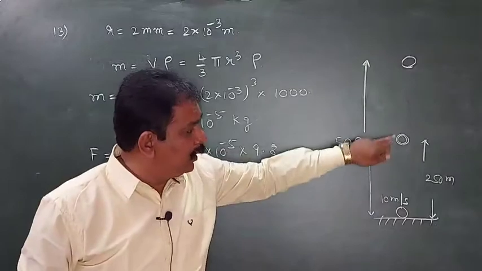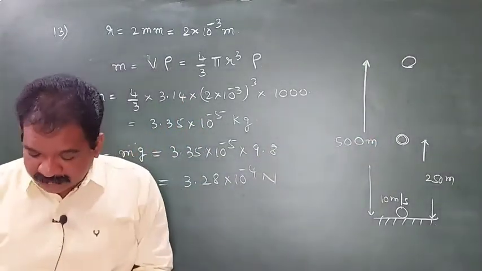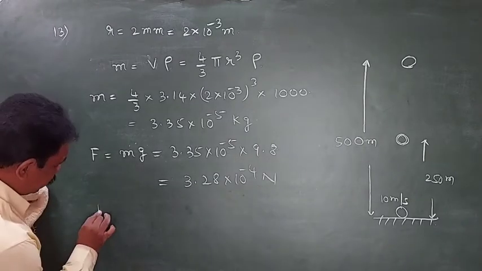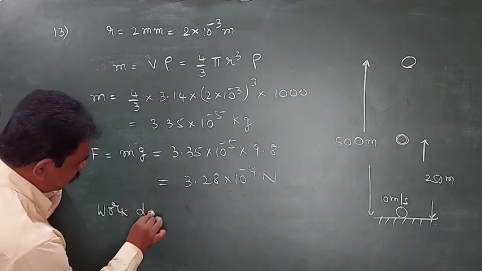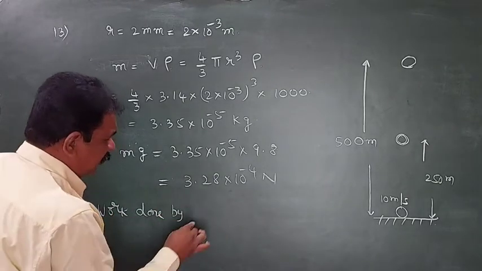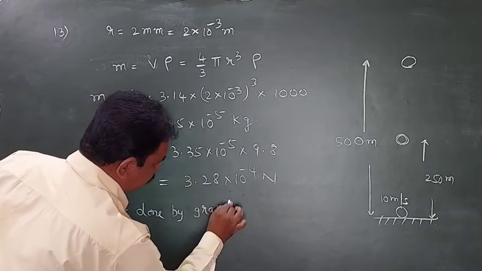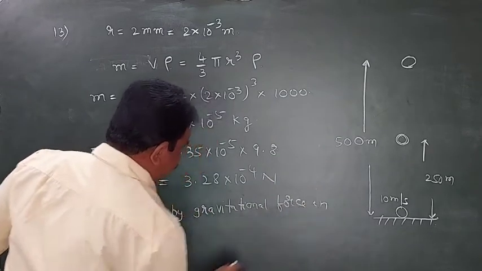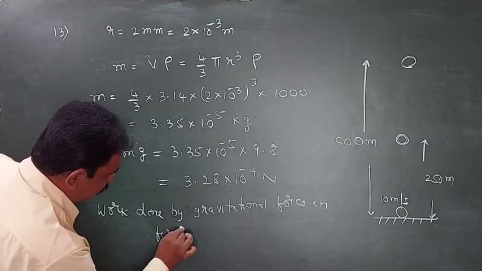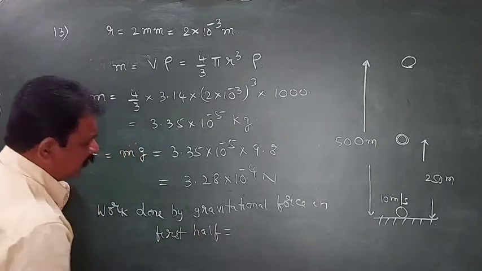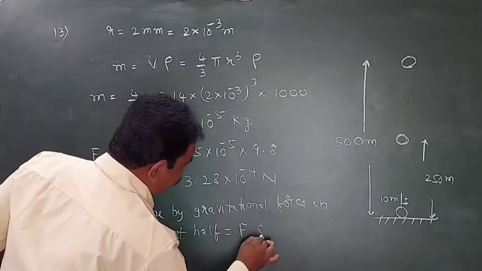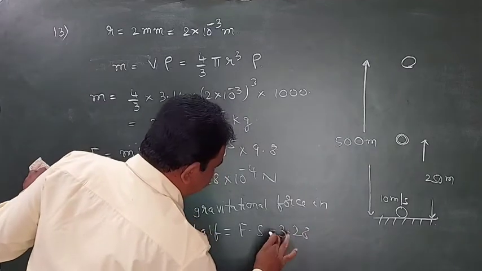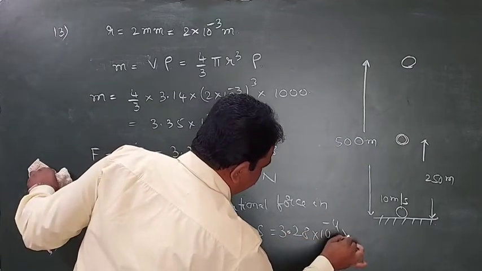When it came from here to here, in the first half, what is the work done? So, work done by gravitational force in the first half is equal to F into S. Force is this one, 3.28 into 10 power minus 4.